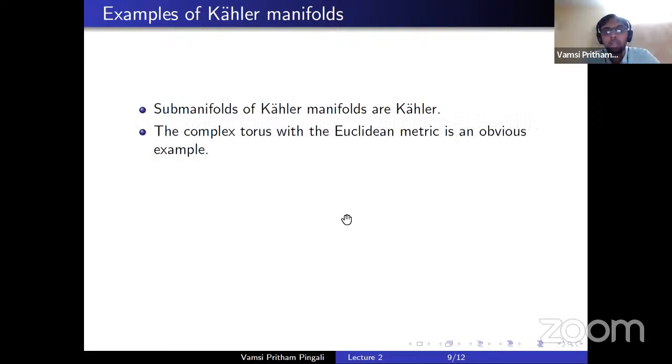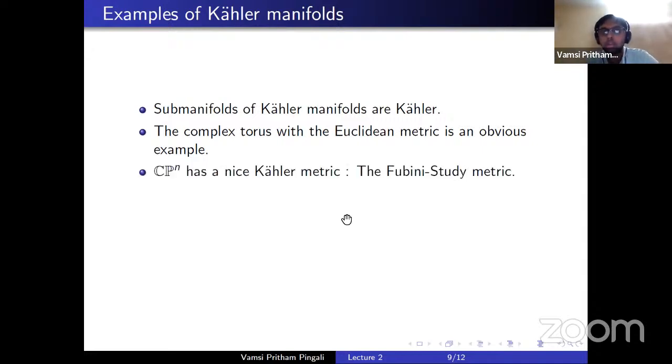We've already seen that the complex torus with the Euclidean metric is an obvious example of a Kähler manifold. Somewhat more non-trivially, and this is extremely important, CP^n, which recall is simply as a set, the set of all complex one-dimensional vector spaces through the origin in C^(n+1). So this manifold has a nice Kähler metric, which is called the Fubini-Study metric.